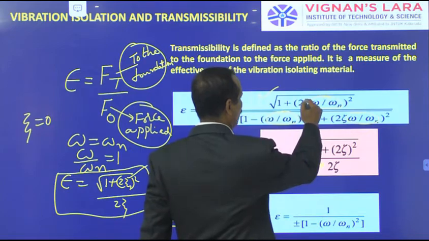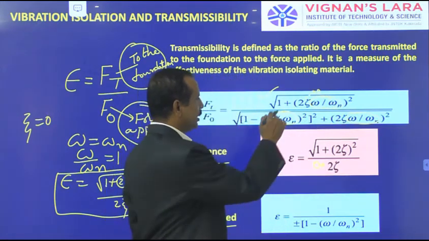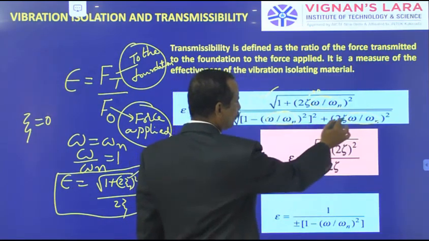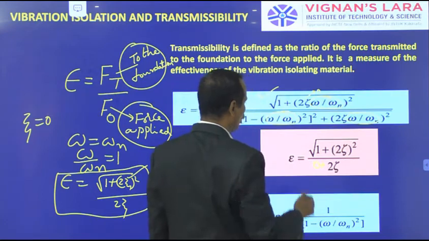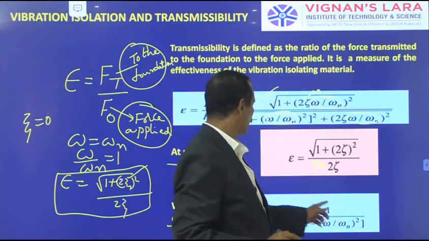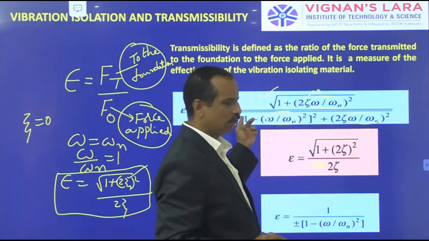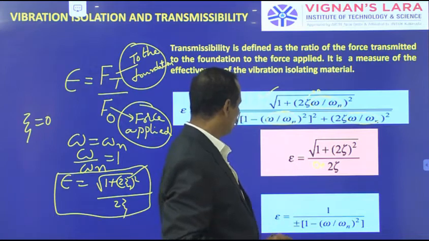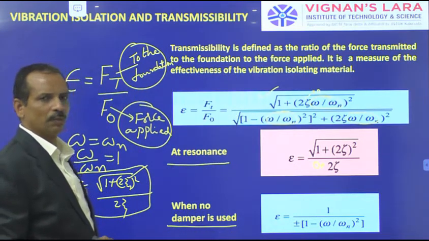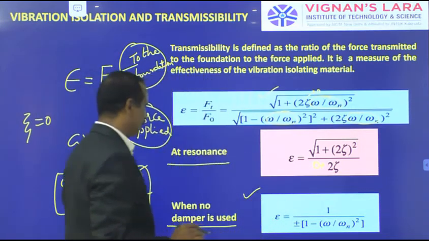Then whatever your omega and omega n are is immaterial, since 0 into something is 0. The numerator becomes 1, and this term in the denominator also becomes 0, leaving 1 minus (omega by omega n) square whole square. If you take the square out, the root is taken out. Then epsilon is equal to 1 by 1 minus (omega by omega n) square. This is when no damper is used.